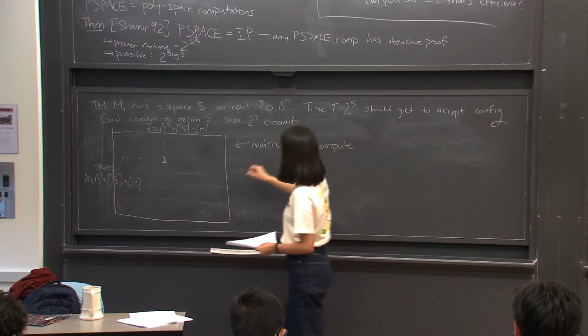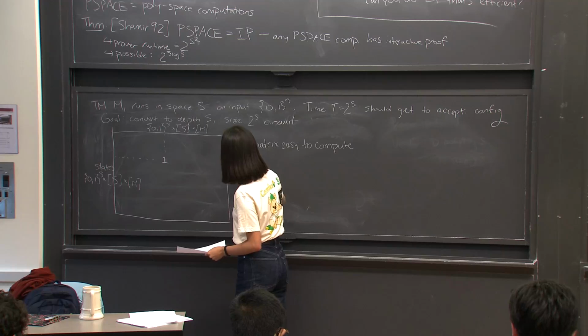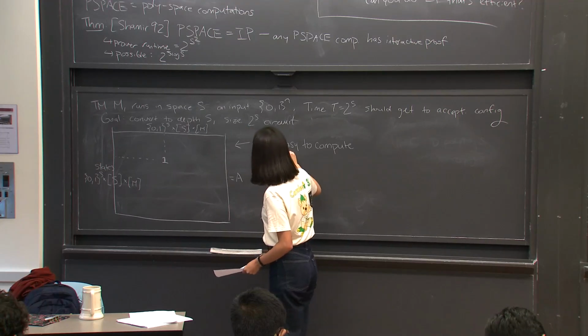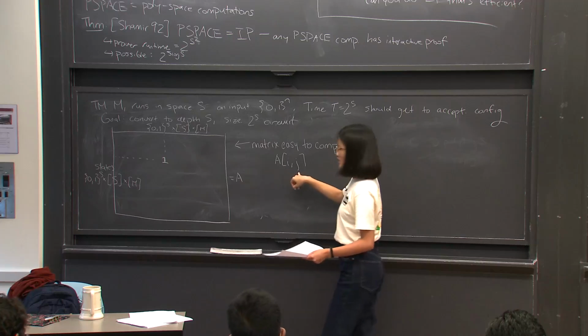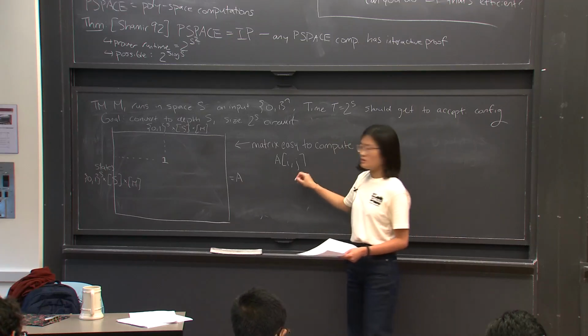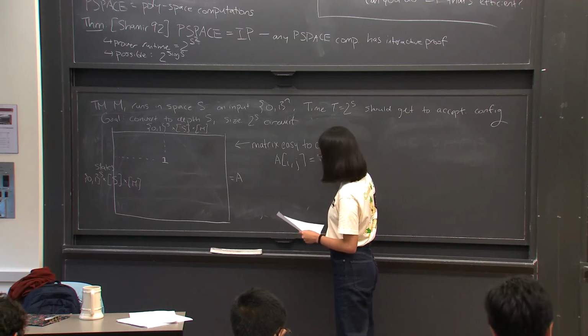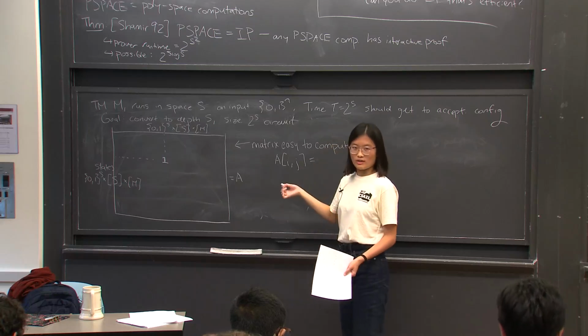Okay, so let's call this matrix A. What I just said is that A_{i,j}, the entry in the ith row and jth column of A, is going to be 1 if state i goes to state j in one time step.